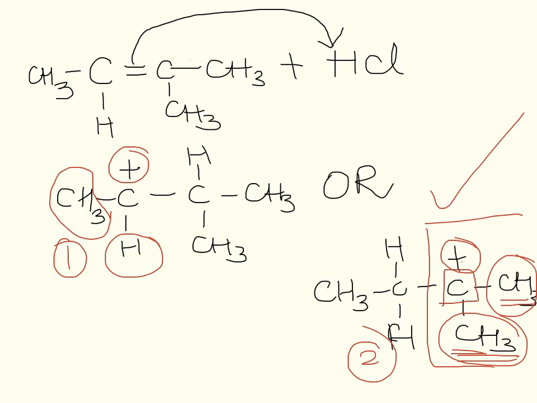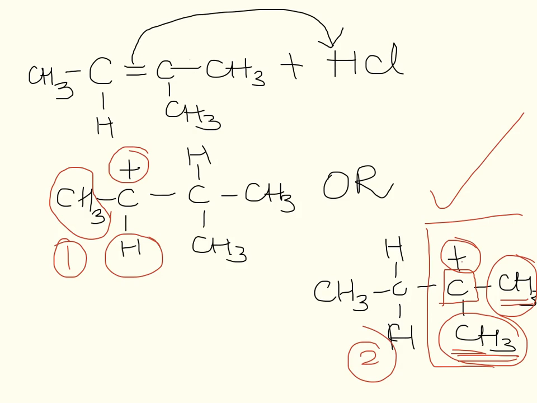carbocation. So again, the rule is the more stable form of the carbocation is the one where the C plus is attached to the most alkyl groups.